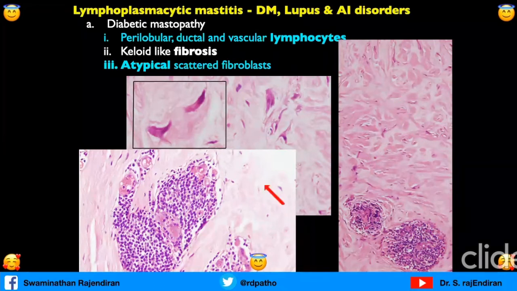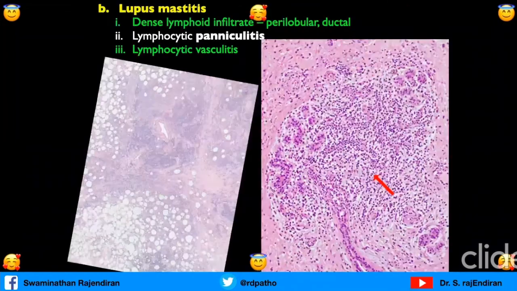When you see it in high power, this keloid-like collagen may show atypical fibroblasts. These three are the criteria for lymphoplasmacytic mastitis, which can be seen in diabetes mellitus or other autoimmune disorders. Okay, AI is autoimmune, not artificial intelligence. So in diabetic mastopathy: periductal or perilobular lymphocytes, keloid-like fibrosis, and atypical scattered fibroblasts. These are the three criteria for diabetic mastopathy.